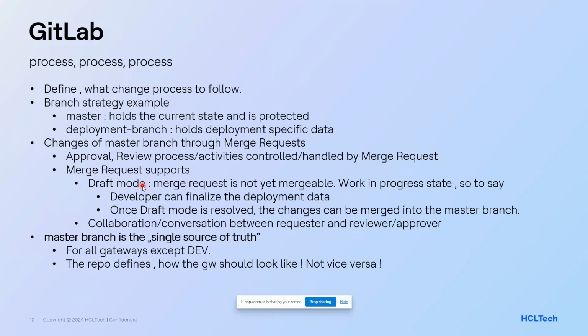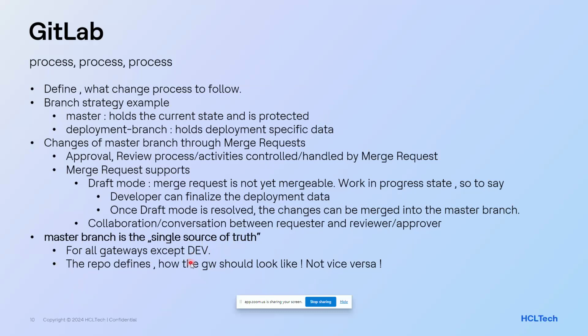That understanding leads to the understanding that your master branch is the single source of truth. Not the gateway defines how the gateway should look like, but the repository defines how the gateway should look like. This is true for all gateways except dev. This is a separate discussion, but it would take too much time, I think.